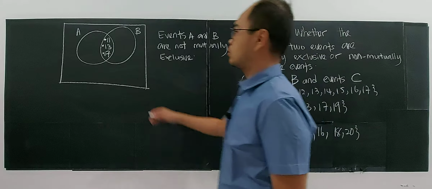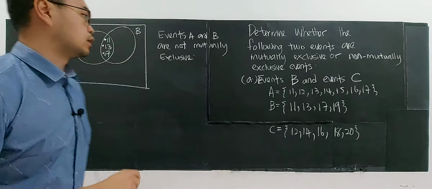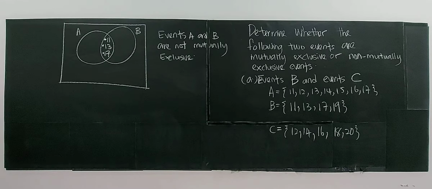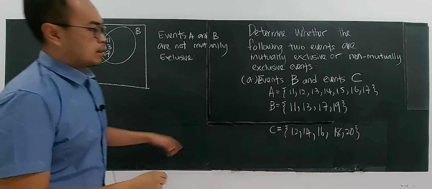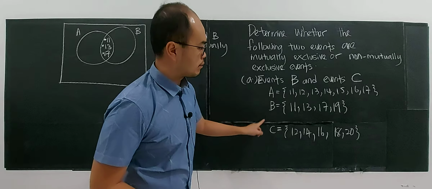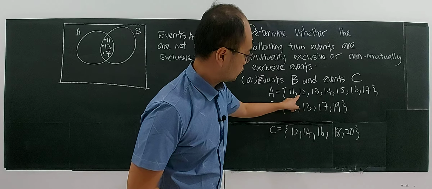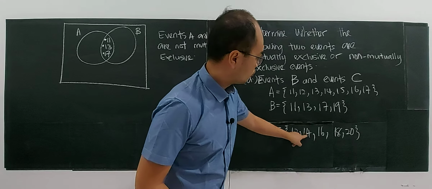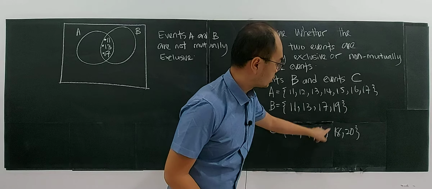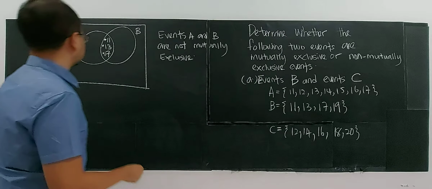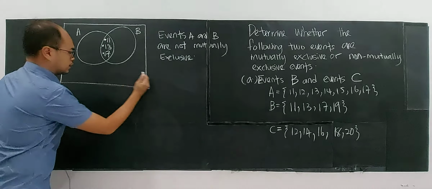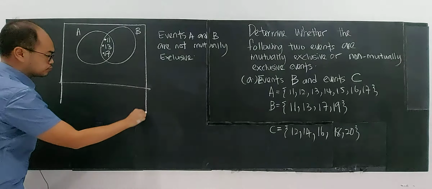If I draw it into the Venn diagram, I can show that C and A share the same elements, which are 12, 14, and 16. So I can redraw this Venn diagram.